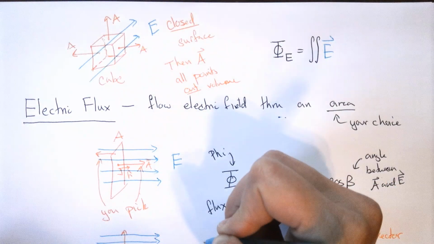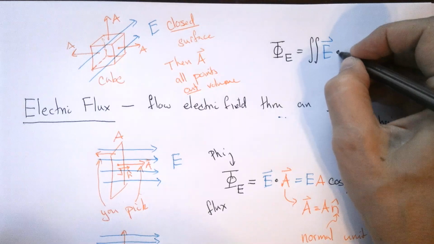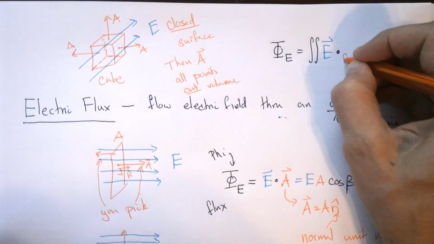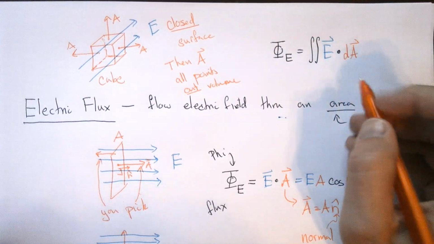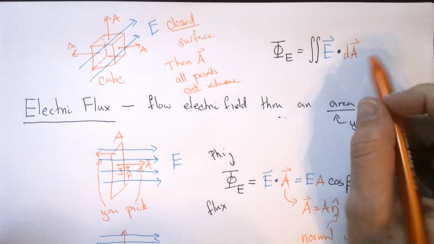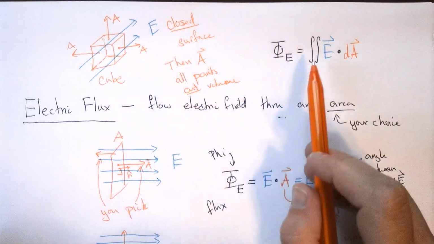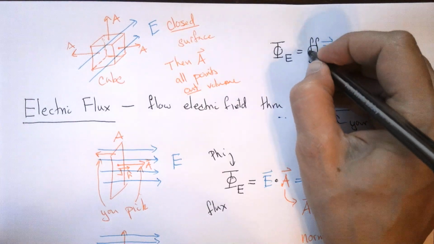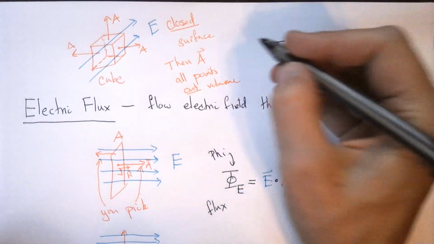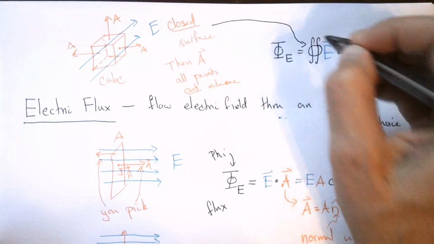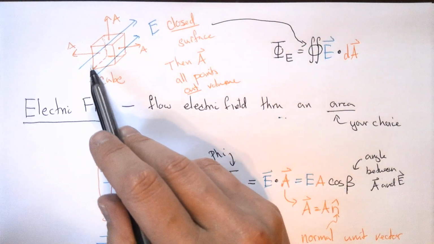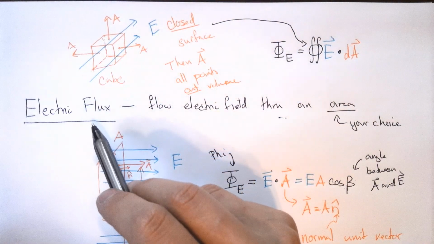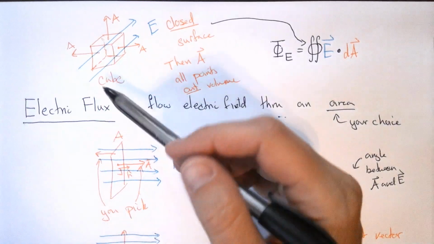In this particular case, there's our area. Still have the dot product. We're still integrating over the whole surface area, but since it's a closed surface, we're going to change how we talk about the integral just a little bit. We're going to put a circle around here, and that says we're integrating over a closed surface, a surface which encloses a volume.